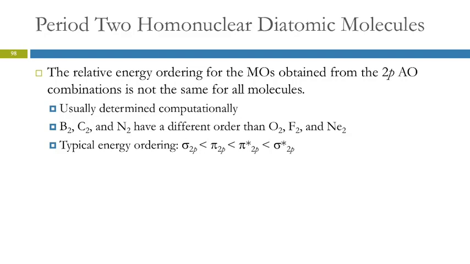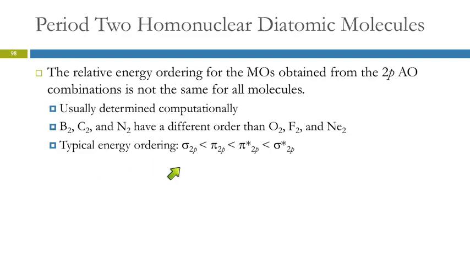It's determined computationally, and we're just going to learn about it for the diatomic homonuclear molecules. And what we need to remember is that boron, carbon, and nitrogen have a different order than oxygen, fluorine, and neon. And we just know that because somebody figured it out and told us that.